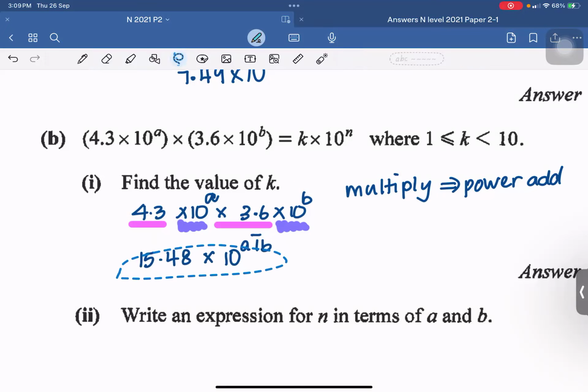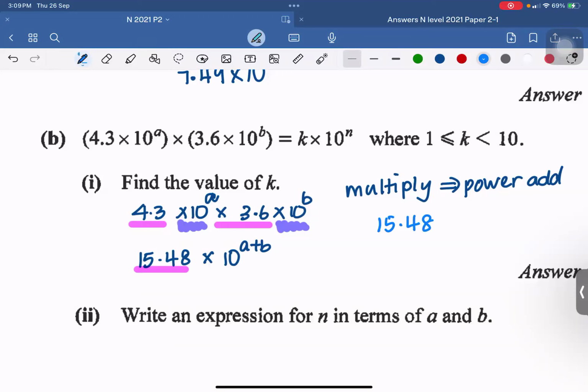Okay, so first part, we know this. Then the next thing is, but this number over here, 15.48, is not a standard form yet. Can you tell me how to change 15.48 into standard form?